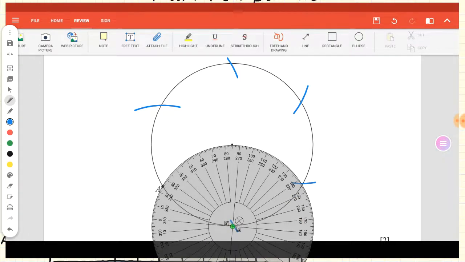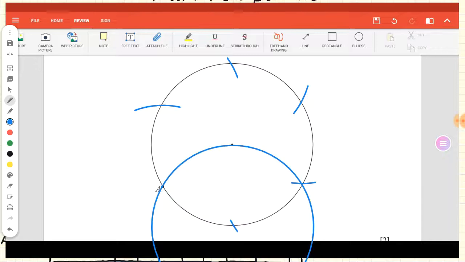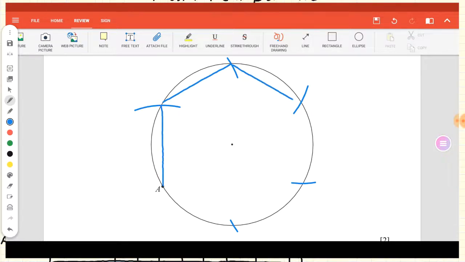When you reach here, yes, it's perfect. Now with your ruler, you will connect them with the pencil and ruler, and don't remove your arcs. You will get the full mark for drawing the regular hexagon.